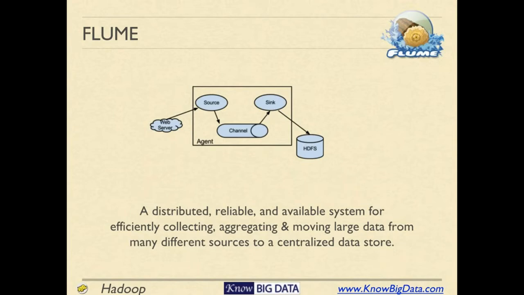Okay, and how do we do that? How does Flume actually work? So essentially, on every machine we install a Flume agent. Let's say you are having 30 servers.